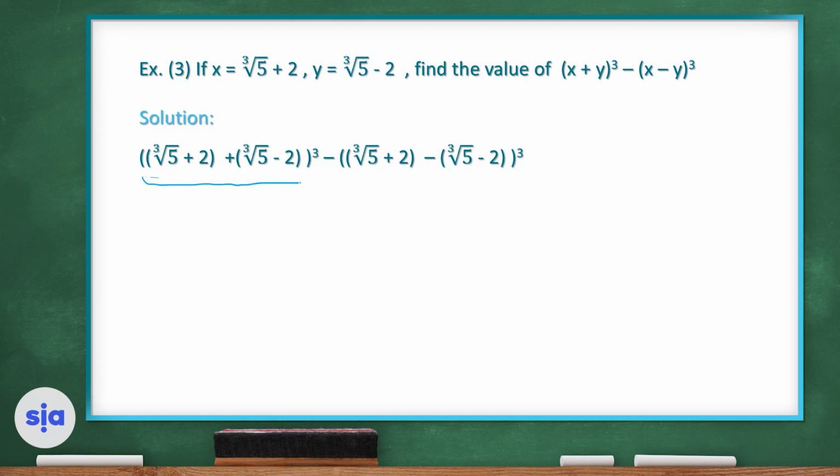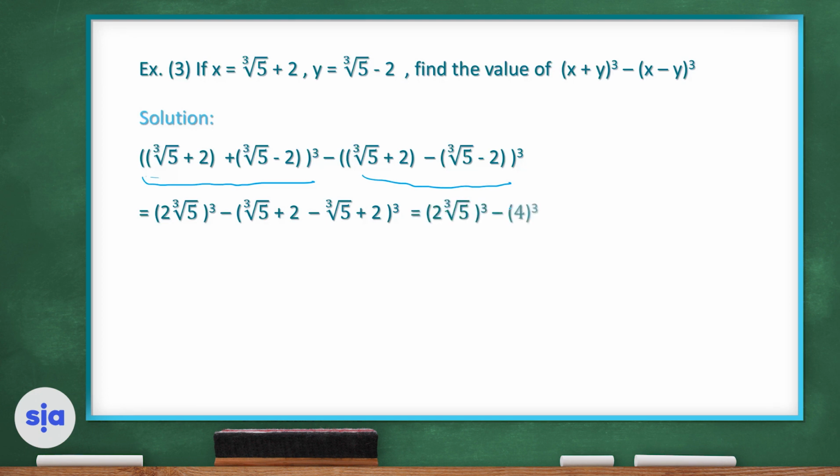This part is (x plus y) cubed minus (x minus y) cubed. So it will be (2 cubic root of 5) cubed minus 4 cubed. Then it will be 8 times 5, which is 40, minus 4 cubed, which is 64. Then 40 minus 64 is negative 24.